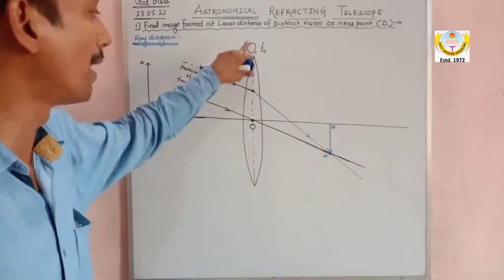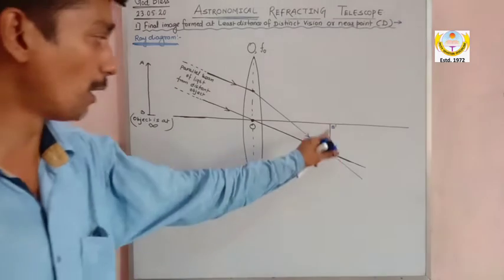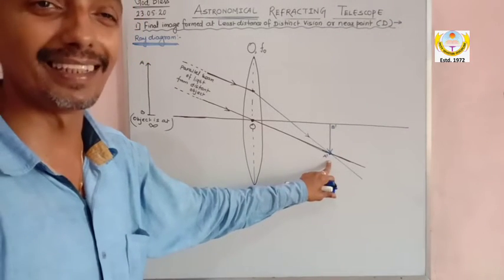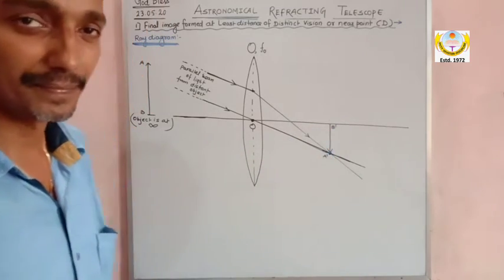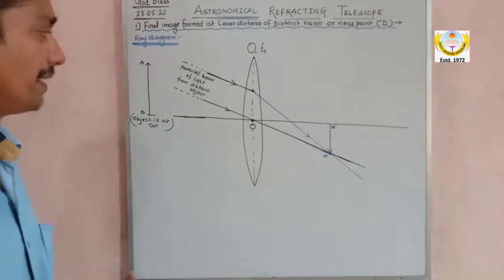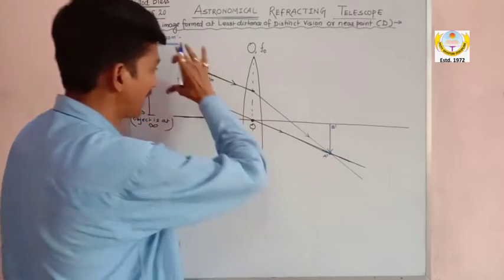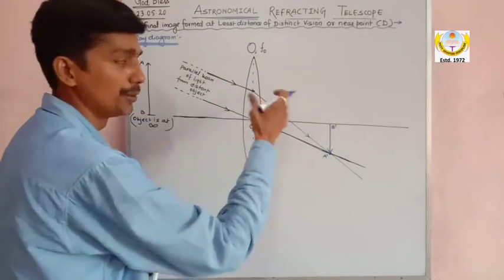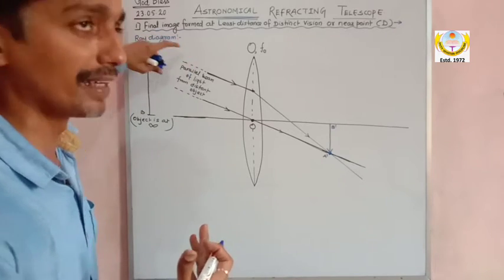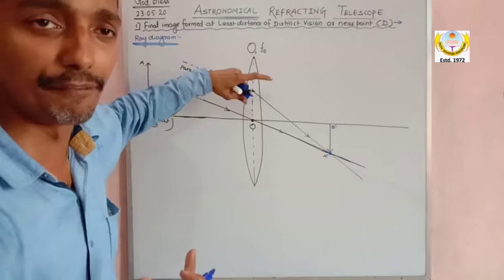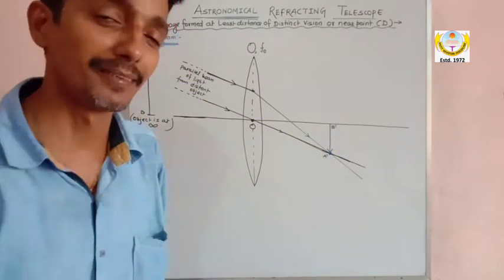And this image is formed by the objective lens. Take care, this image is formed by the objective lens, my dear. Name of the image is A dash B dash and it is real, inverted, diminished. Right? Now my dear, the ray is coming from infinity, so you all know the rules by the convex lens or any lens: if the object is at infinity, the image will be formed at the principal focus.